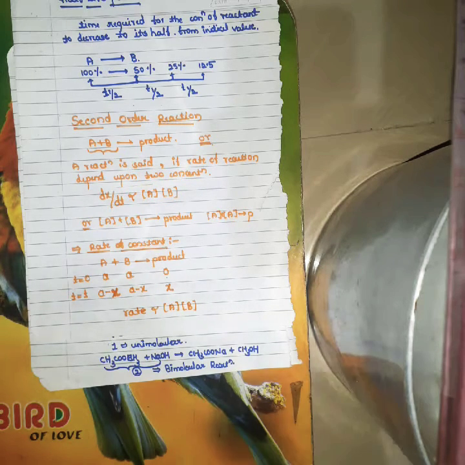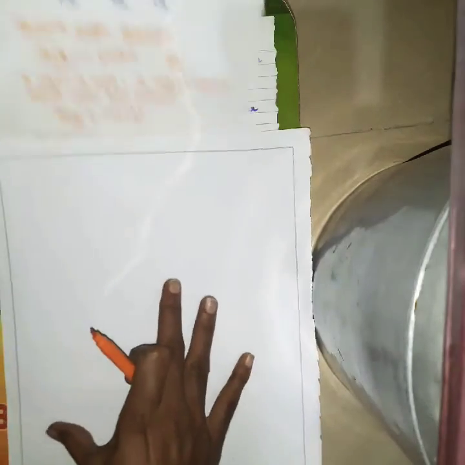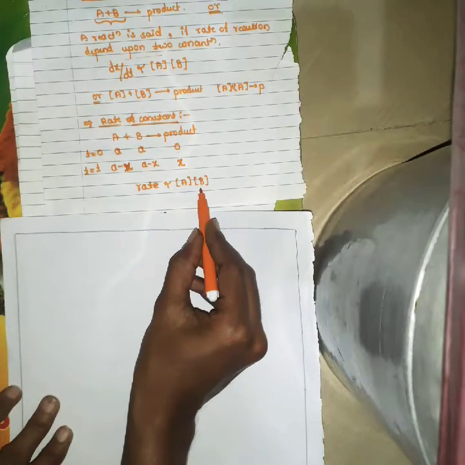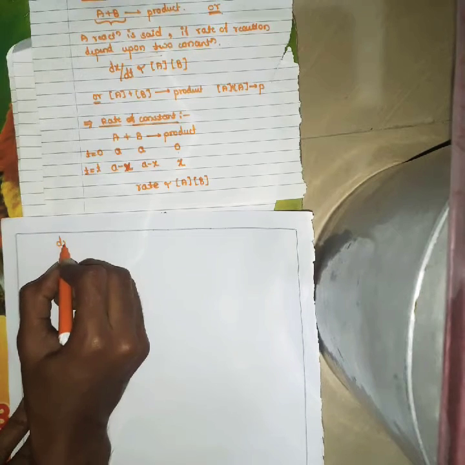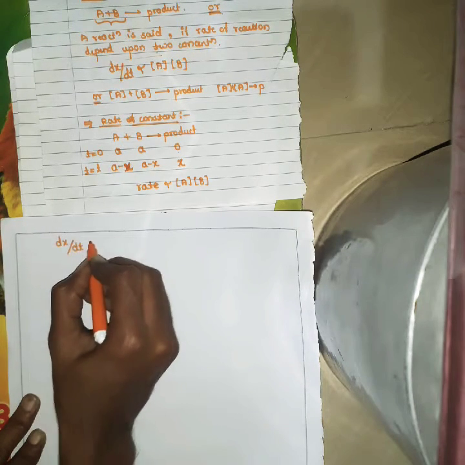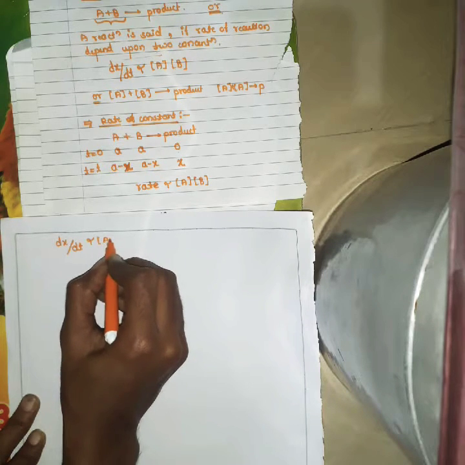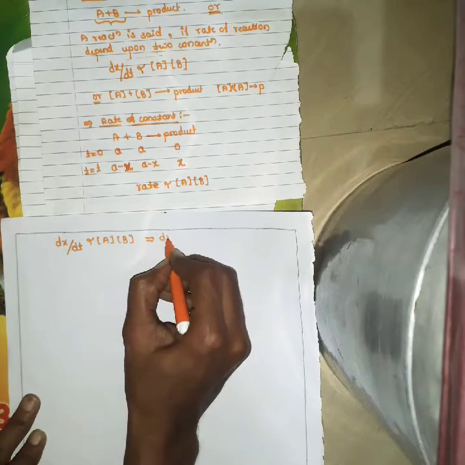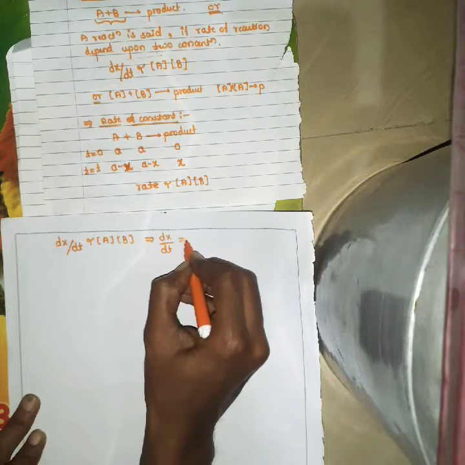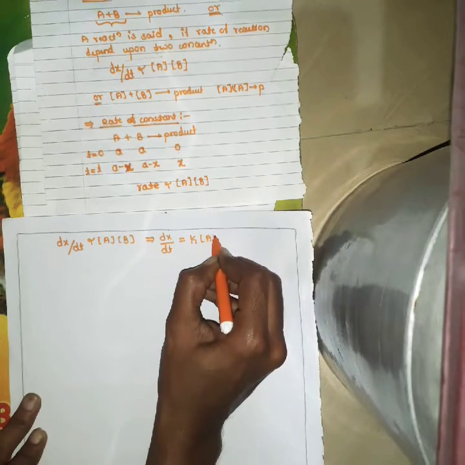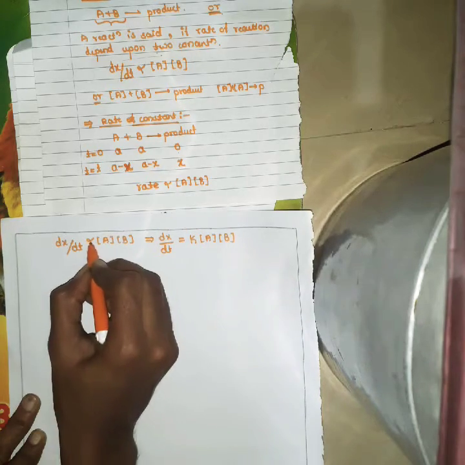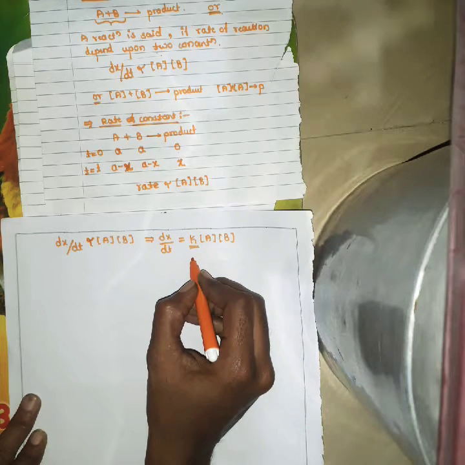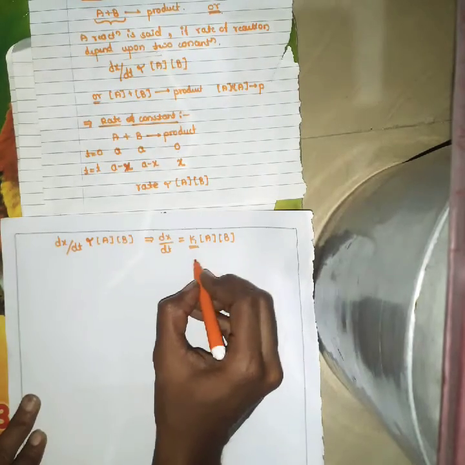Continuing this derivation, dx by dt is directly proportional to concentration of A and concentration of B. This implies dx by dt is equal to k into concentration of A and concentration of B. The proportionality sign is removed by using this constant, and this k is called the rate constant for second order reaction.